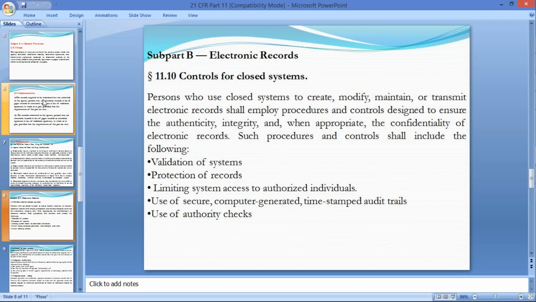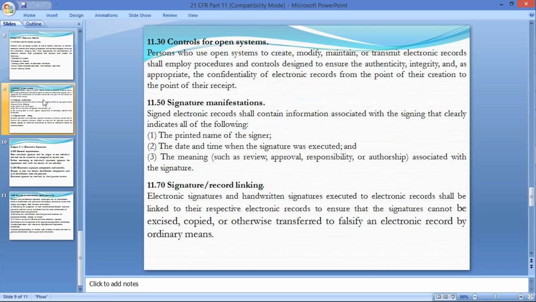Protection and validation: the same thing will be applicable to open systems also. We have the same controls for open systems, but the only difference is that the system environment is different. Here it is open.